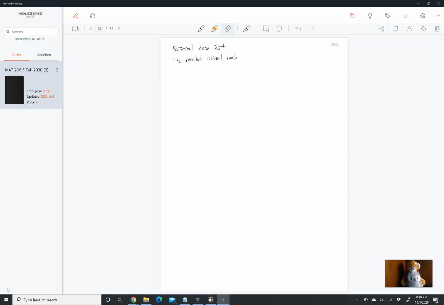So the possible rational roots are the factors of the constant divided by the factors of the leading coefficient.